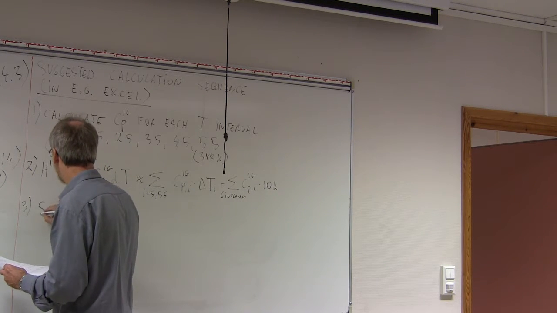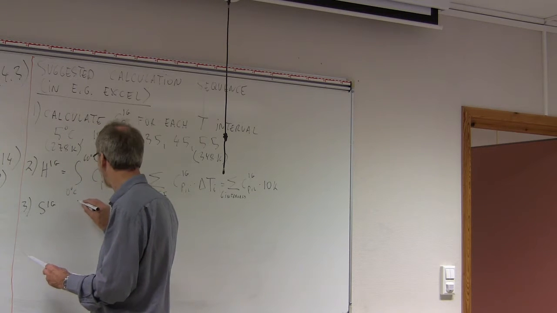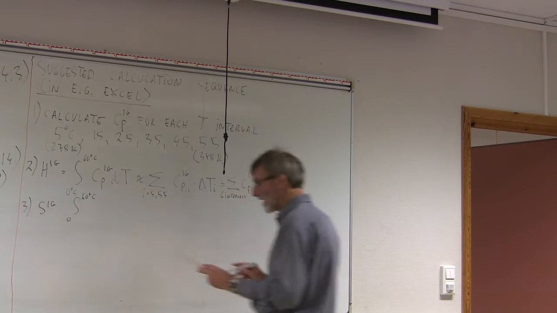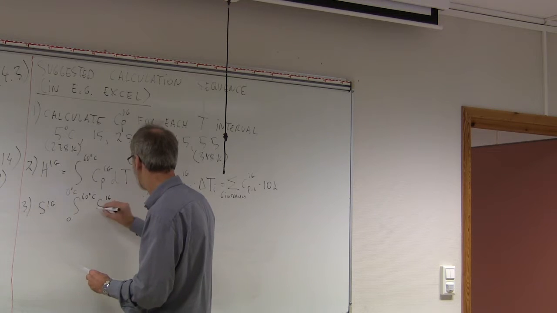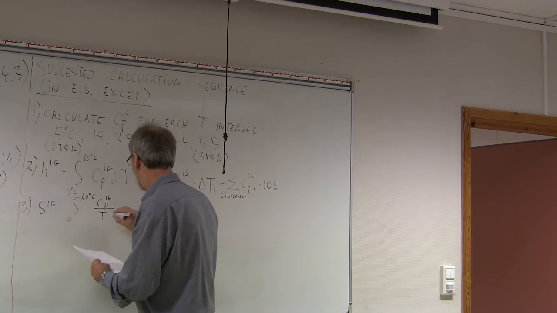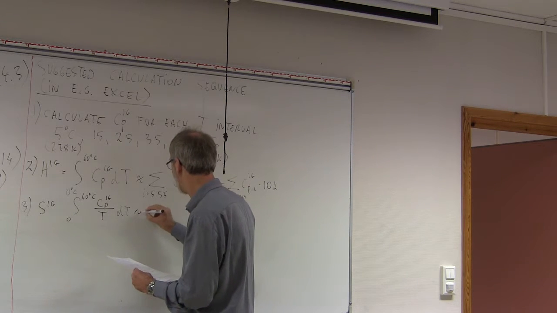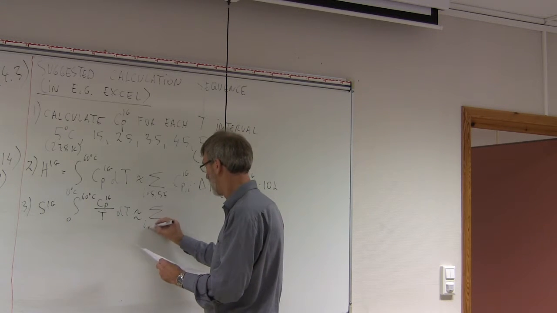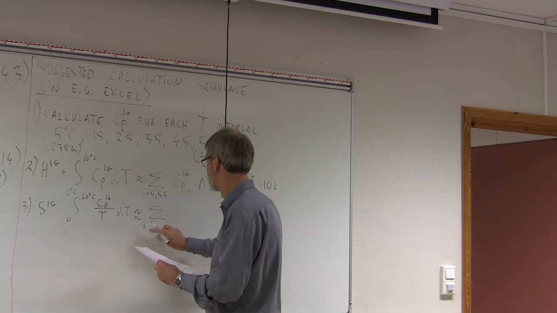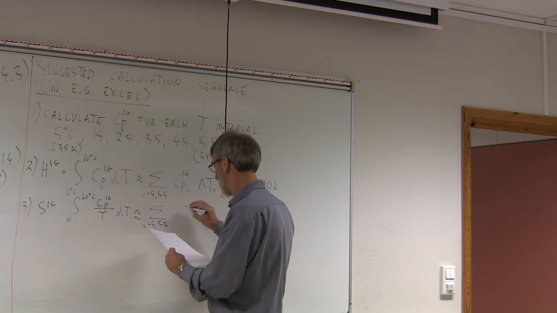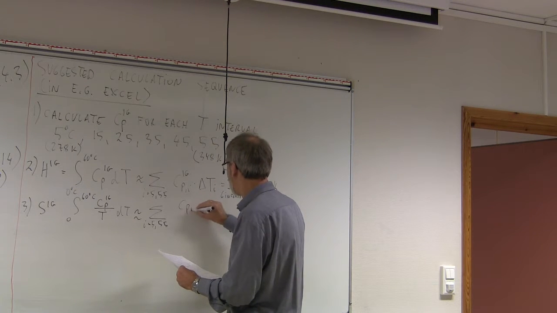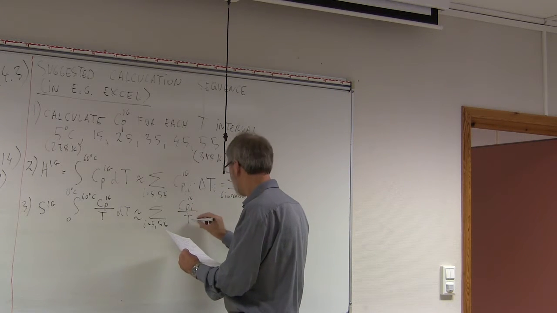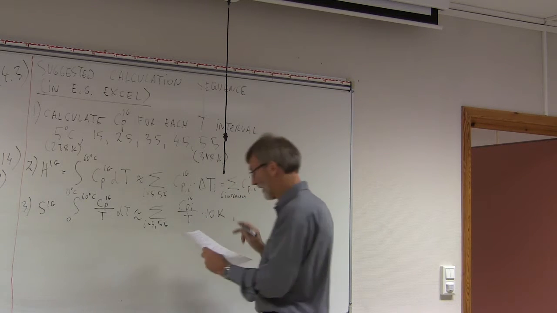And similarly, we calculate the ideal gas entropy as the integral from 0 to 60 degrees of Cp ideal over T dT, which is approximately equal to the sum from 5 to 55 of Cp ig over T times 10 Kelvin.